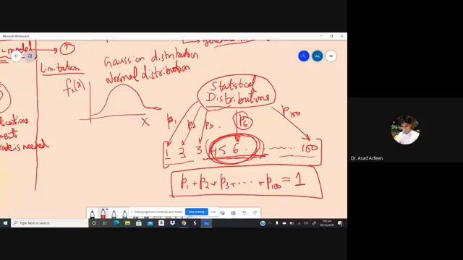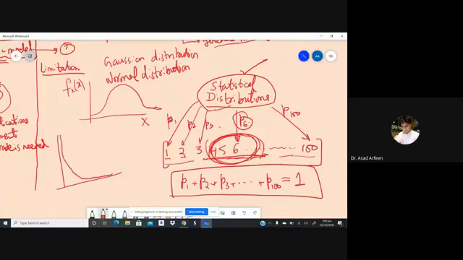Because this is the distribution here, the Gaussian distribution. And for example, if this distribution which I'm writing here looks something like this, you can see that it's like this.